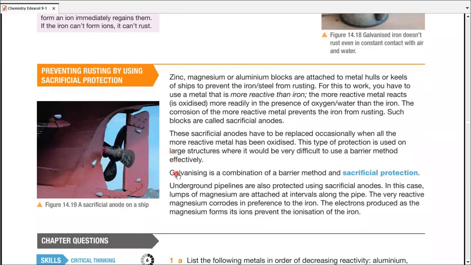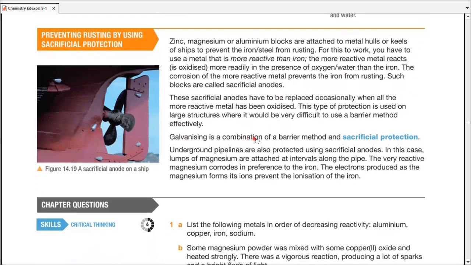We do it in such a way that we put blocks of either zinc or magnesium or aluminum and we prevent iron. So these are sacrificial nodes. Sacrificial nodes have to be replaced occasionally. When more reactive metal has been completely oxidized, the iron will start rusting. So what do we do? We replace them regularly.